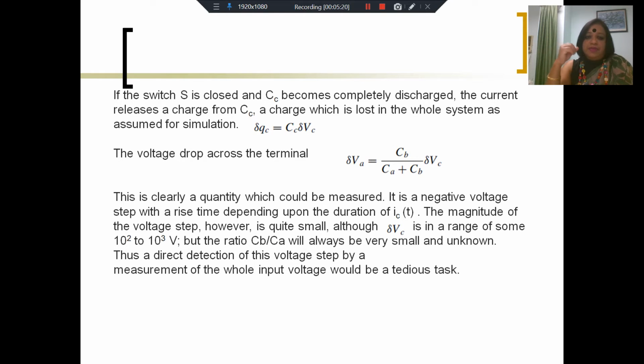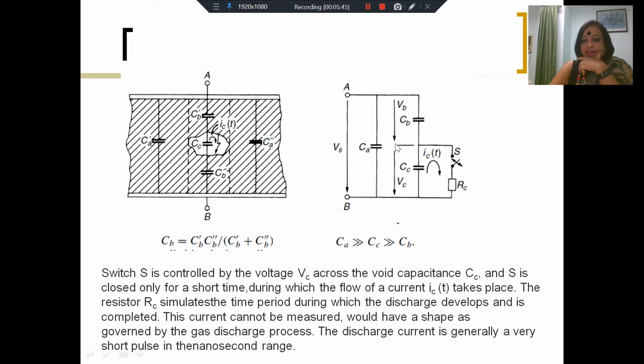Therefore, this charge will be lost for the whole system, and we can estimate this quantity as delta Qc, which is the quantity of charge implicated in the discharge of the void Cc, and delta Qc will be equal to Cc delta Vc. So you have a voltage drop delta Vc across the void, and a corresponding voltage drop across the terminals AB.